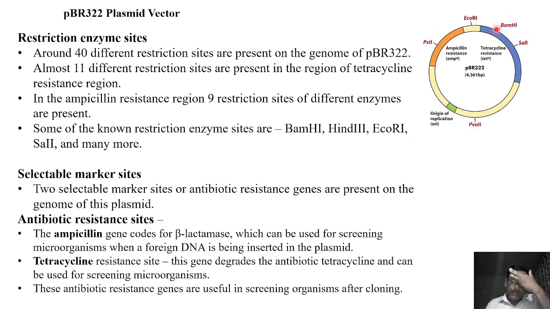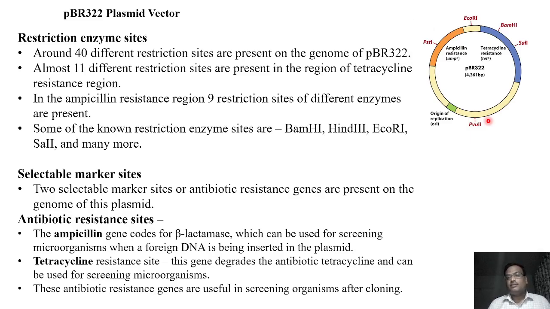If I use BamHI endonuclease and introduce a gene here, I am going to break the tetracycline gene. In between the tetracycline resistance gene, I am introducing the gene of my interest. So this plasmid is going to lose the tetracycline resistance. This property becomes very helpful in selecting the recombinant DNA, identifying the cells with recombinant DNA.